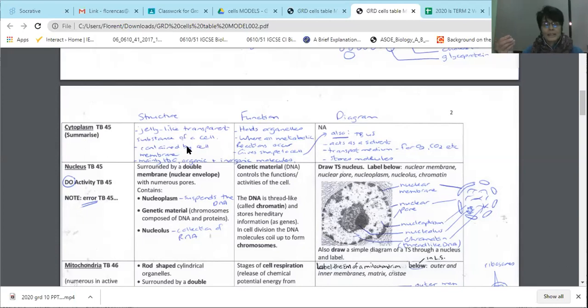Think of jelly that you make, colorless, and the cell membrane around it. That jelly-like substance is mainly made of water plus molecules like proteins, fats and amino acids, and maybe oxygen, carbon dioxide, and mineral salts.